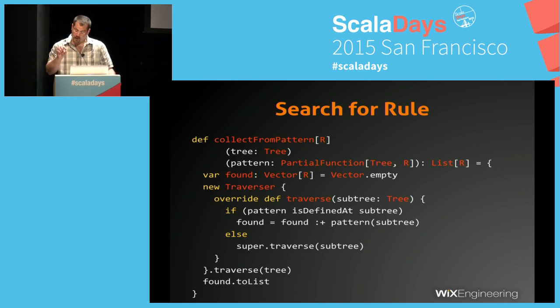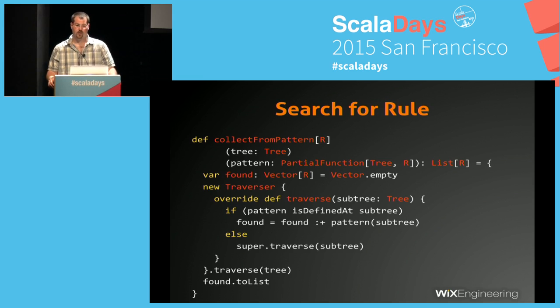And wherever I am in the tree, I ask the question, is this partial function defined for my current subtree? If so, I apply it, I take the result, I add it to my found list, and move on. If not, I recurse further deep into the tree. I basically traverse the tree depth first, and hopefully find my matches. And then eventually I return that list of found constructs.